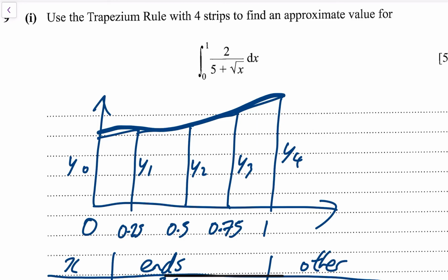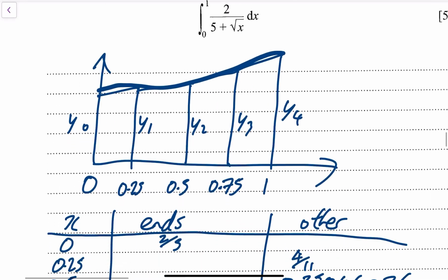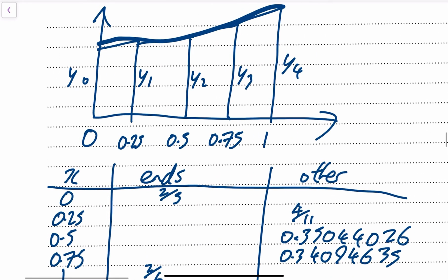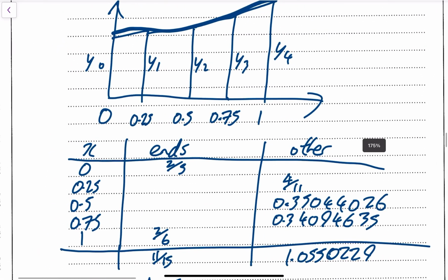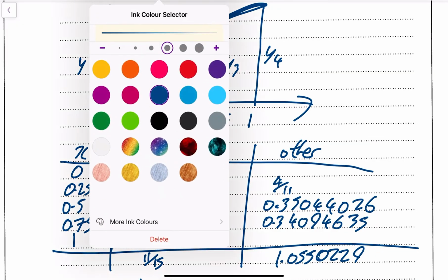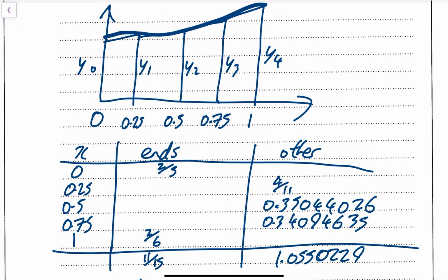Now, horizontally it goes from 0 to 1 with 4 strips. So if you split that into 4, each strip has a width of 0.25. And notice I've labelled these y0, y1, y2, y3, and y4. You can see I've got my x values, so 0, 0.25, 0.5, 0.75, and 1.